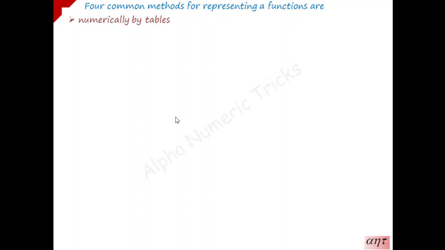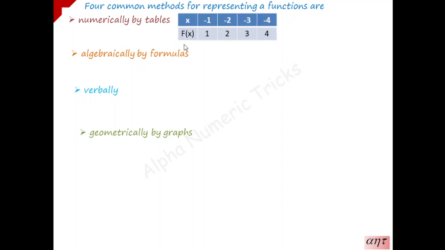Now we will see the different ways we can represent a function. We can represent a function in 4 ways. One is numerically by tables, another is algebraically by formulas, another is verbally, and the last one is geometrically by graphs. What is numerically by tables? Consider the function y is equal to modulus of x.